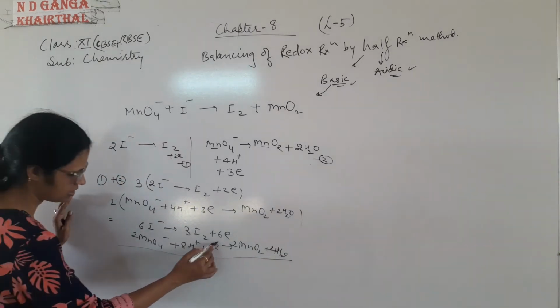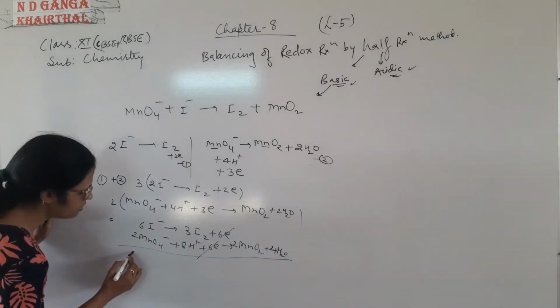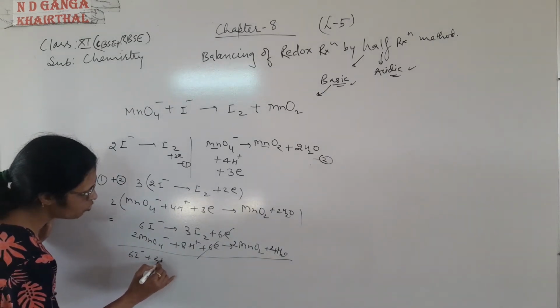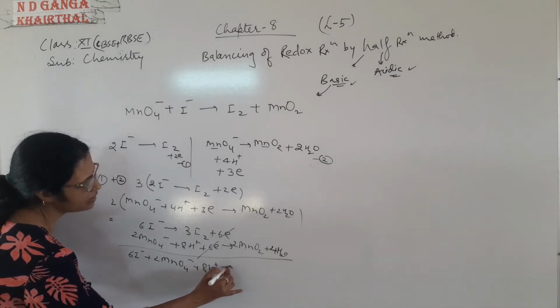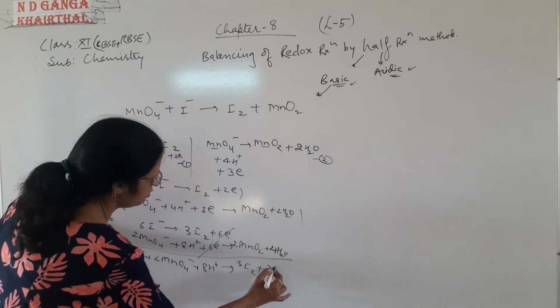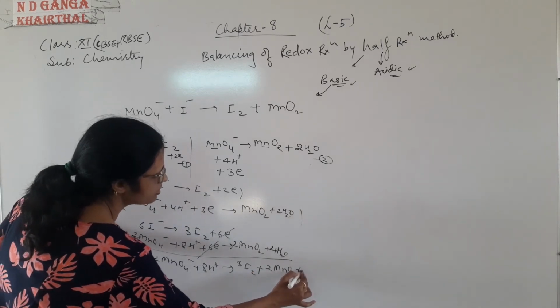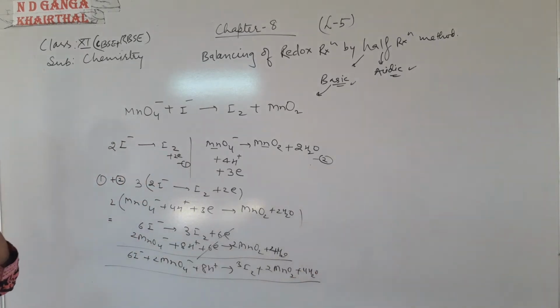Add both reactions. 6 electrons cancel out with 6 electrons. Now we have 6I minus plus 2 MnO4 negative plus 8H plus equals 3I2 plus 2 MnO2 plus 4H2O. So this is the reaction after balancing.